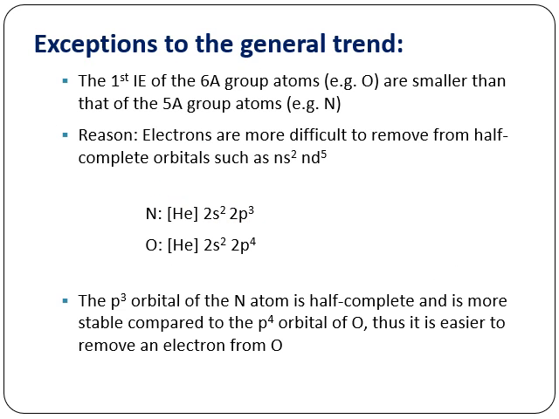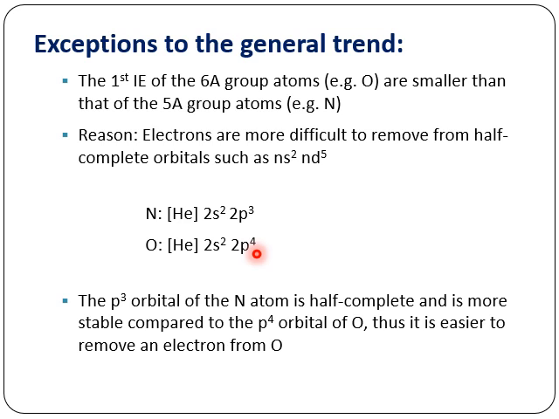Alright, and then the first ionization energy of group 6A, for example oxygen, is smaller than group 5A, which is nitrogen. This is because electrons are more difficult to remove from half-filled orbitals such as np3.